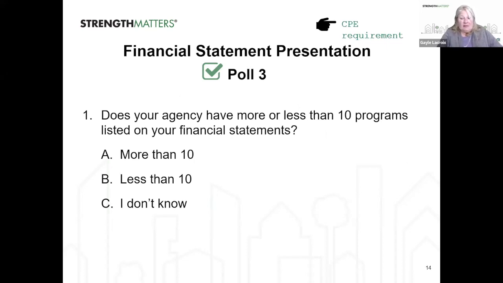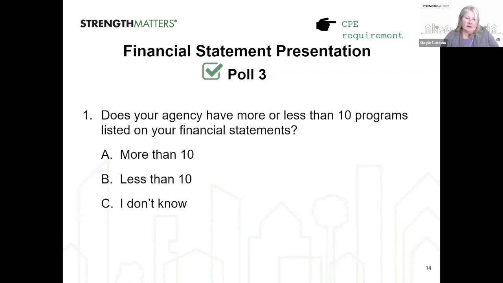So does your agency have more or less than 10 programs listed on your financial statements? You might not know, and that's okay.